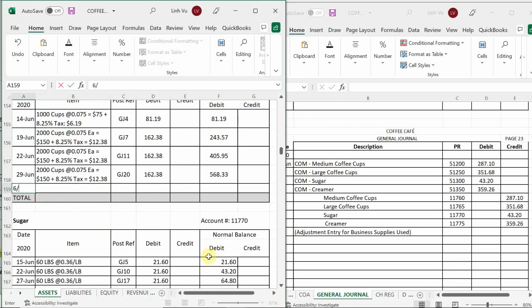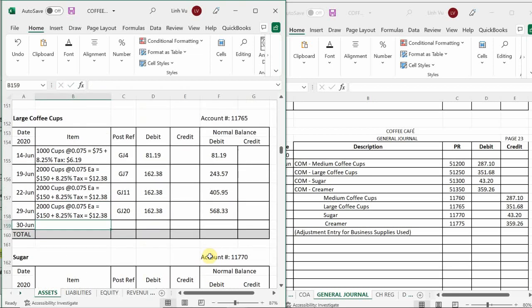So let's go ahead and adjust the large cups. Adjustment entry, we sold 4,331 cups. That means we should have, let's see, how many we purchased? We purchased the same amount, 7,000 cups, and we sold 4,331.